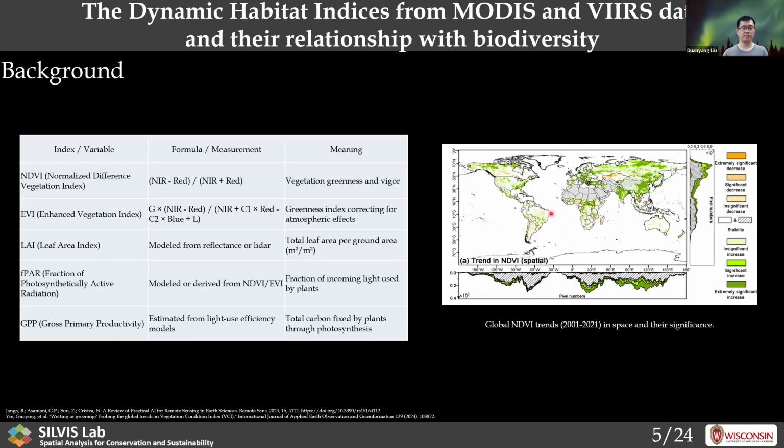In this map, we can see the biggest greening increase was in North America, Central Africa, Europe, and Southeast Asia. And this information is super helpful for the global monitoring of vegetation dynamics.